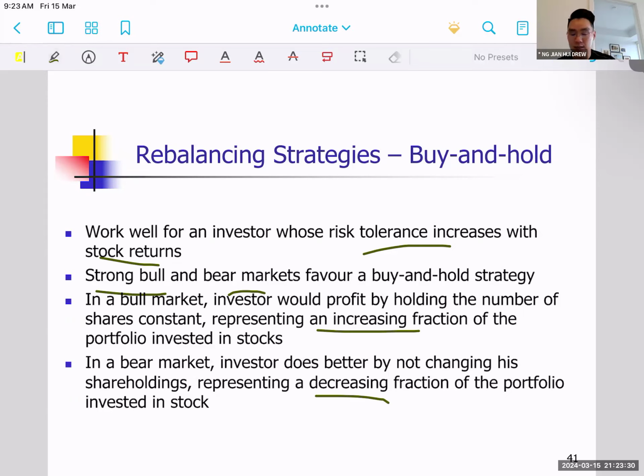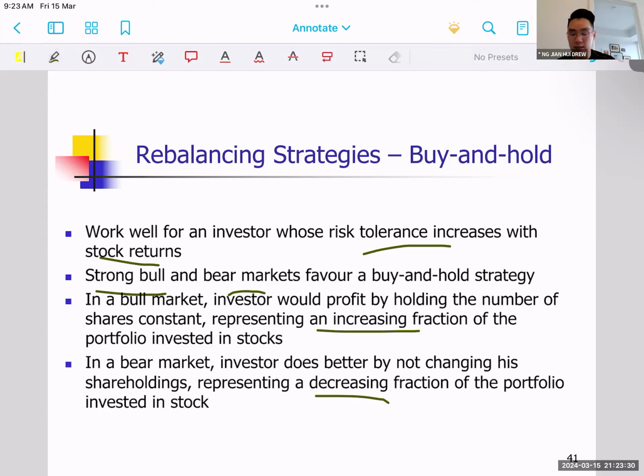Unlike buy and hold, this is a buy low, sell high approach. So you buy low, sell high. It outperforms when there's a volatile market, for a risk-free asset. Continuously, for an investor who wants exposure to risky assets, okay, fine, but have some protection, right?